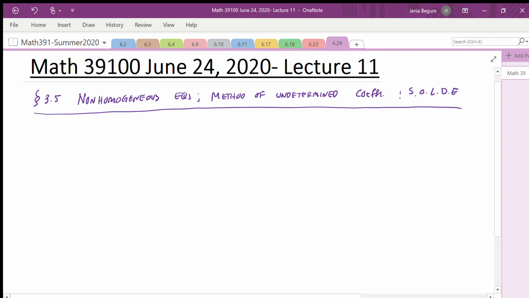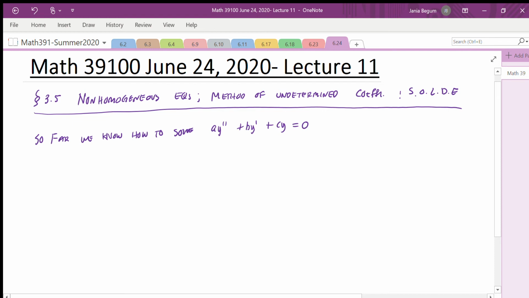So far we know how to solve homogeneous, meaning when the right side is equal to 0. So far we know how to solve, say, a y double prime plus b y prime plus c y equals 0, right?